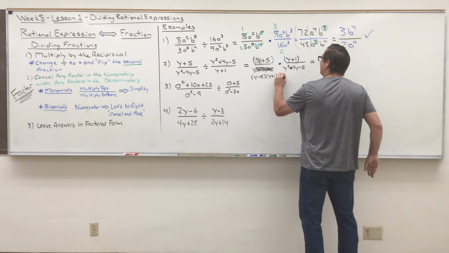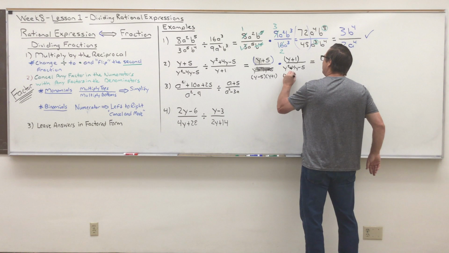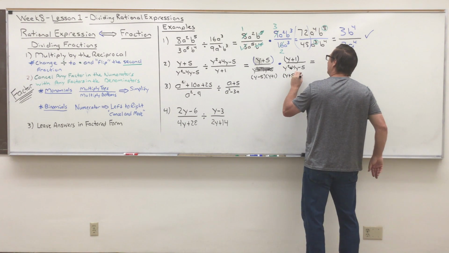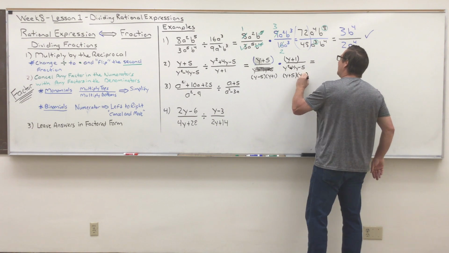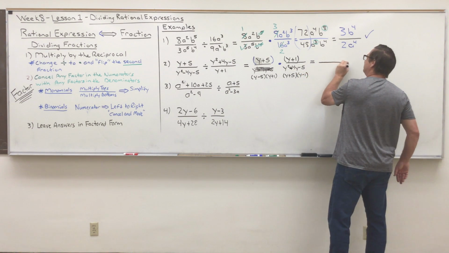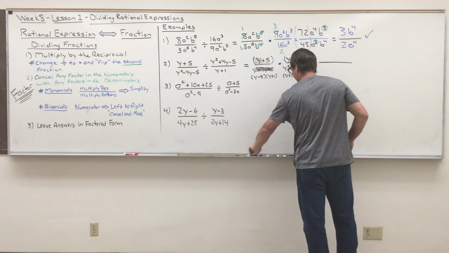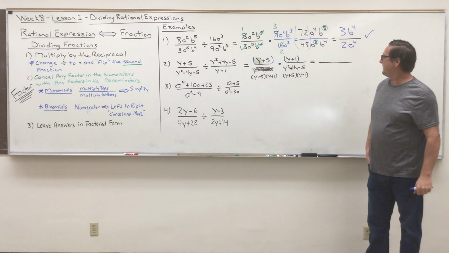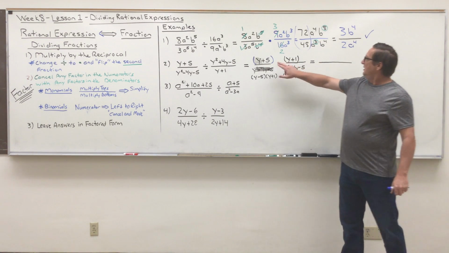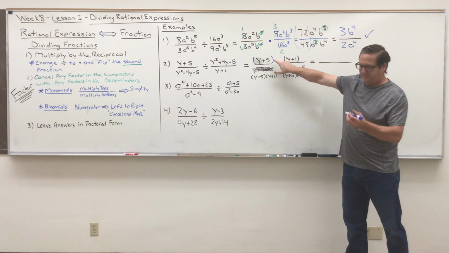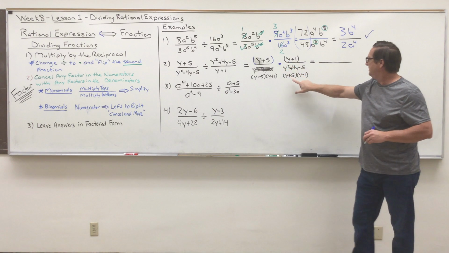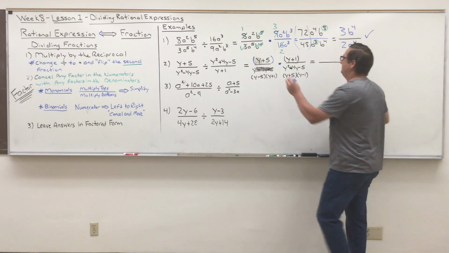And this guy is going to factor into y plus 5 times y minus 1. Okay, so what's our rule? Work the top from left to right. So I have a y plus 5 on top, I have a y plus 5 on the bottom.